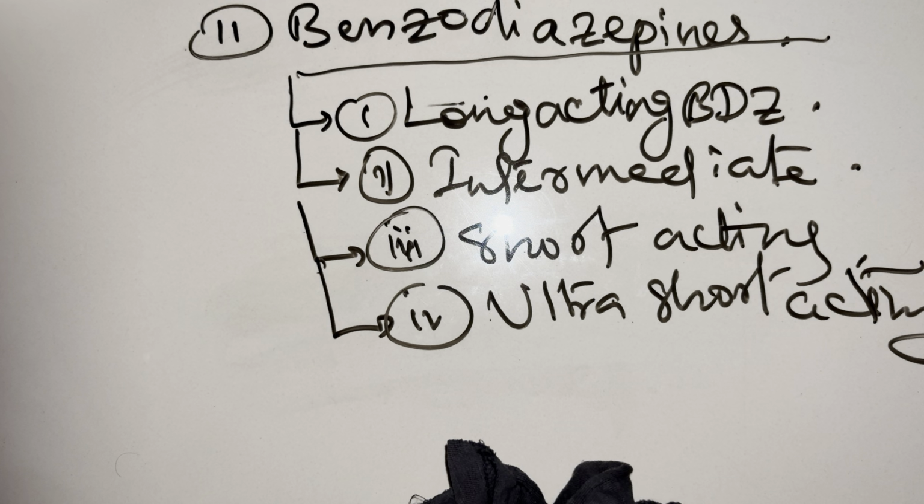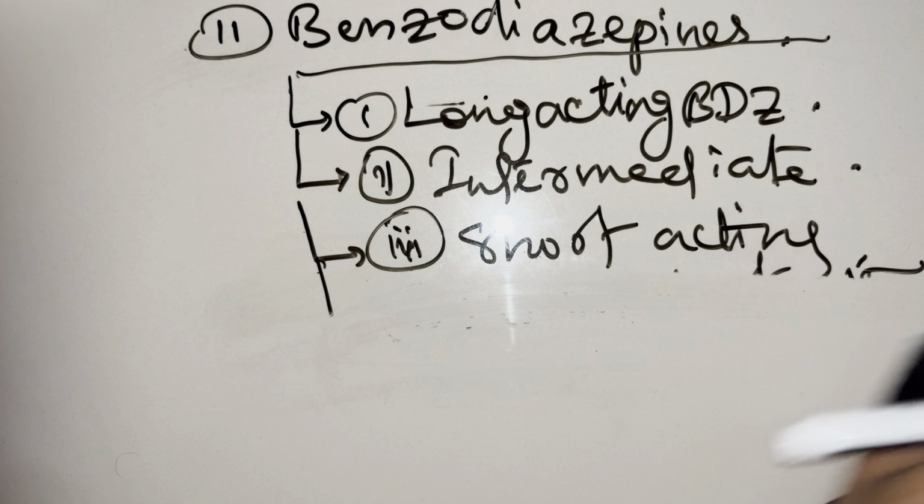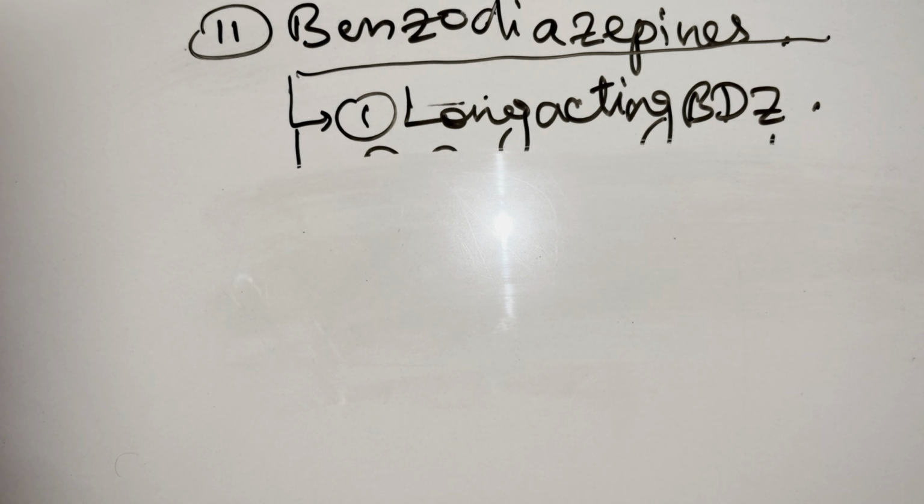In these four different classes, what are the different drugs? Let's see examples. What are the examples of long acting benzodiazepines? They are diazepam, chlordiazepoxide, flurazepam and clonazepam.